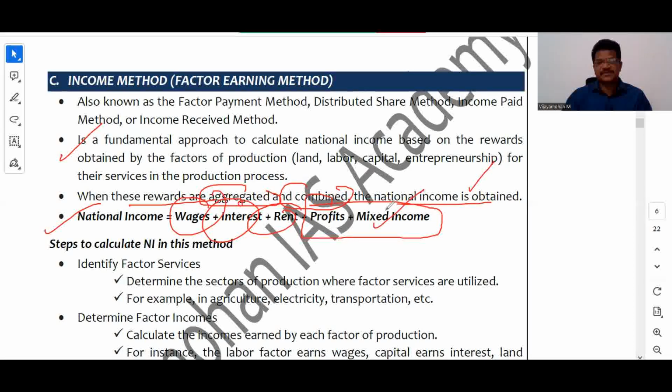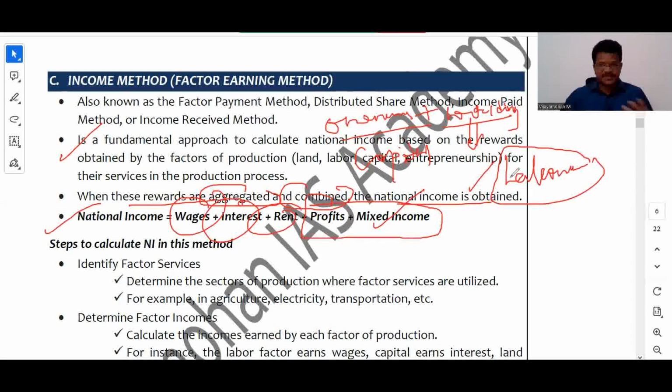Here the mixed income represents that, for instance, the person who is the owner of the shop might be providing the working services himself. So here he is getting wages, means he is providing labor, and at the same time he is providing capital, being an owner. So he is providing labor in his establishment, and at the same time he is also providing capital.